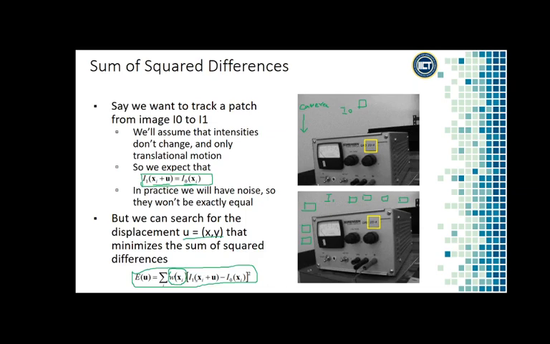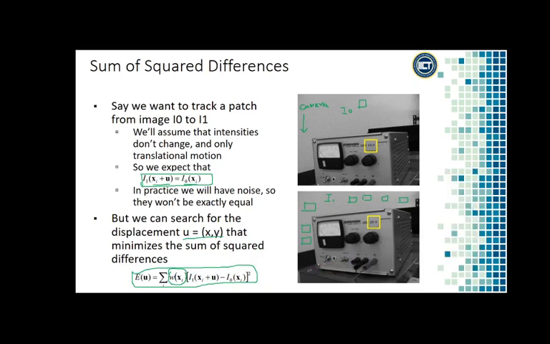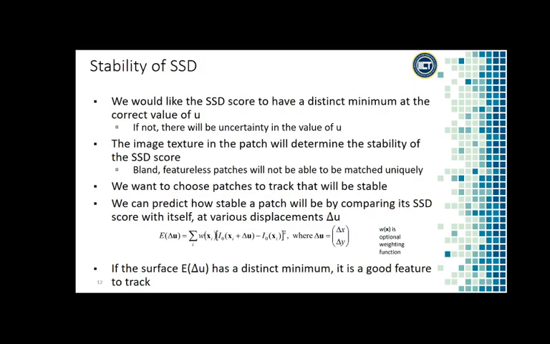Remember, we use this difference, the sum of squared differences, but in this case, let me change the color. So here it was I1, and we were computing the differences between two images. But here we will compare the differences within this image, which is I0.